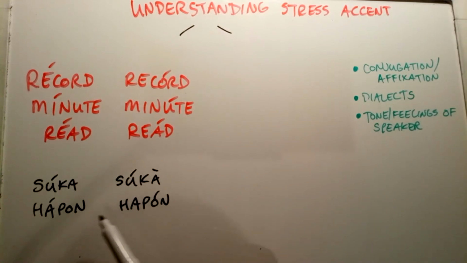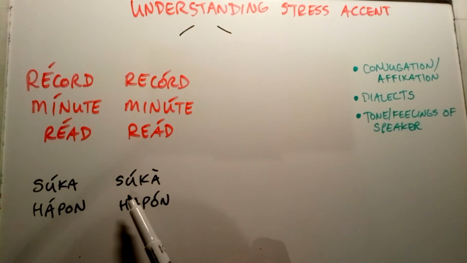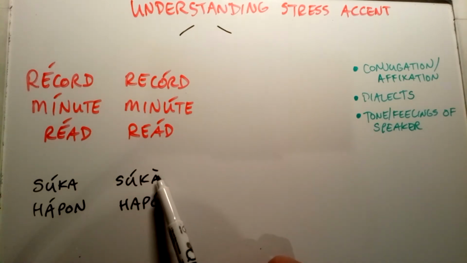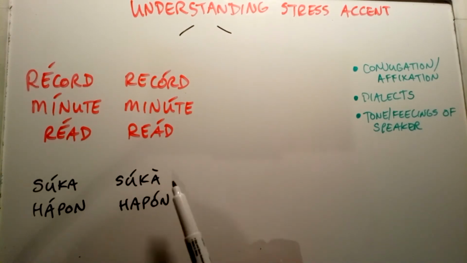So these are just ways that the stress accent changes depending on which syllable the stress accent goes. As you can see on this last word, suka, that glottal stop accent is on the last vowel, so that vowel is going to get a glottal stop. You're going to cut off your breath there.